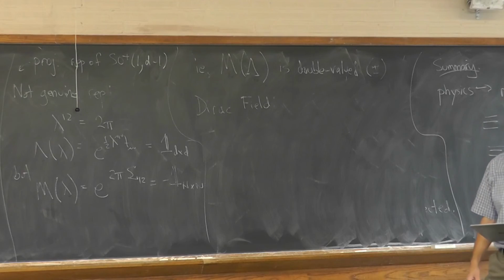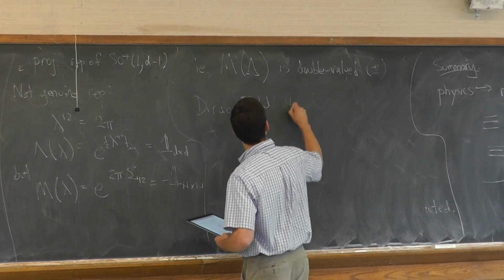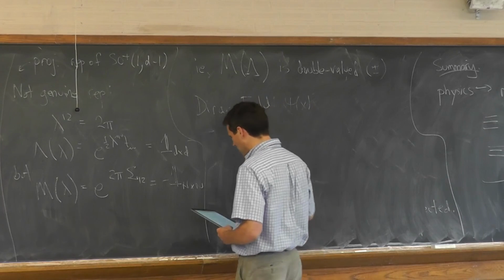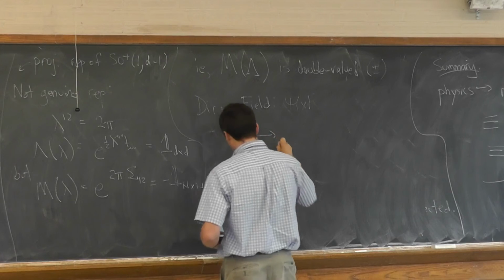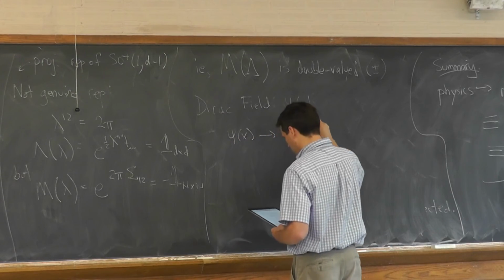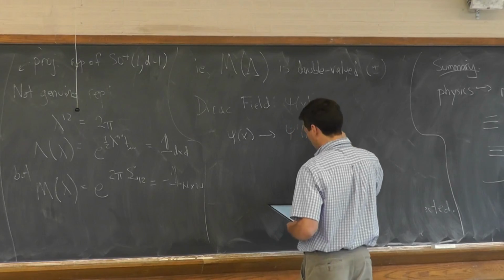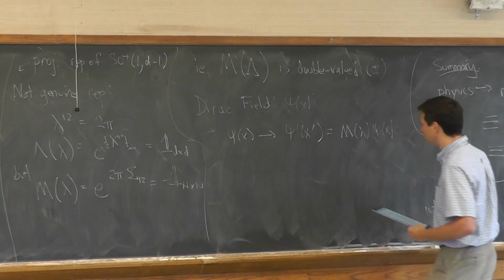So that was a Dirac spinor. A Dirac field is just a spinor at every point in space-time. So we just give it a label x, and we say that psi of x transforms to psi prime of x prime equals M of lambda psi of x.